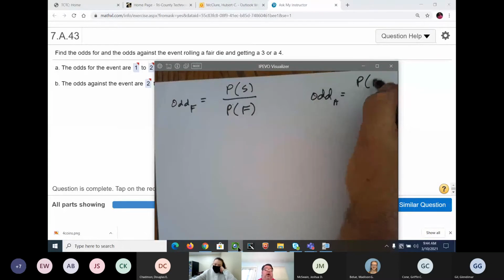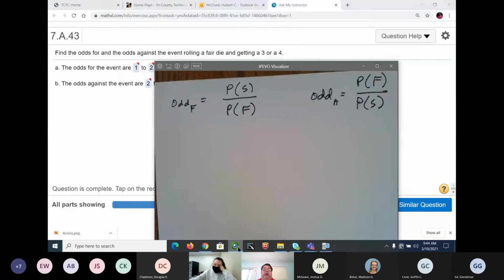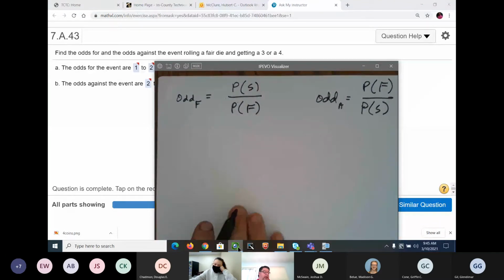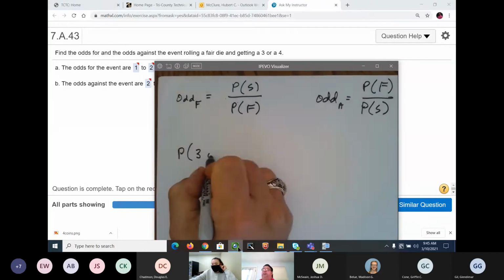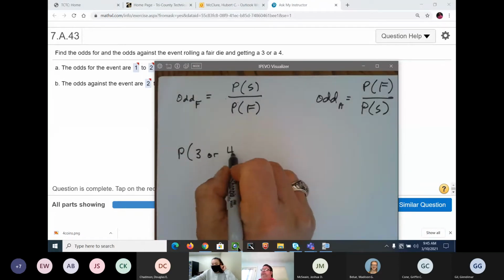All right, find the odds for and the odds against the event of rolling a fair die, getting a 3 or a 4. Okay, so what is the probability of a 3 or a 4? Well, we already know that when you do "or," that means addition. We know that from 7C.